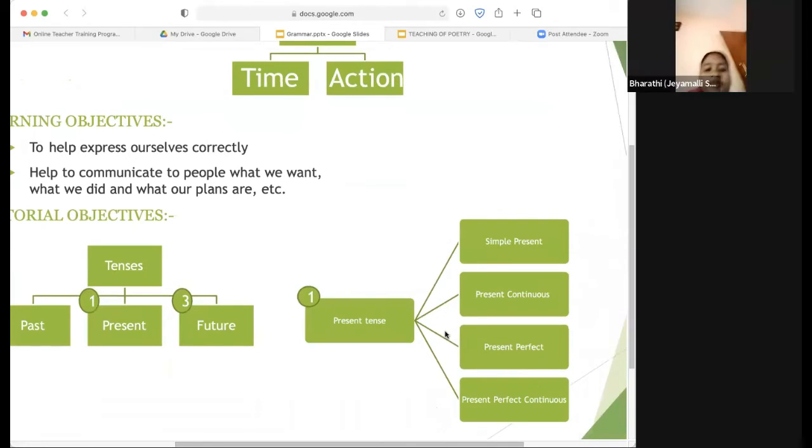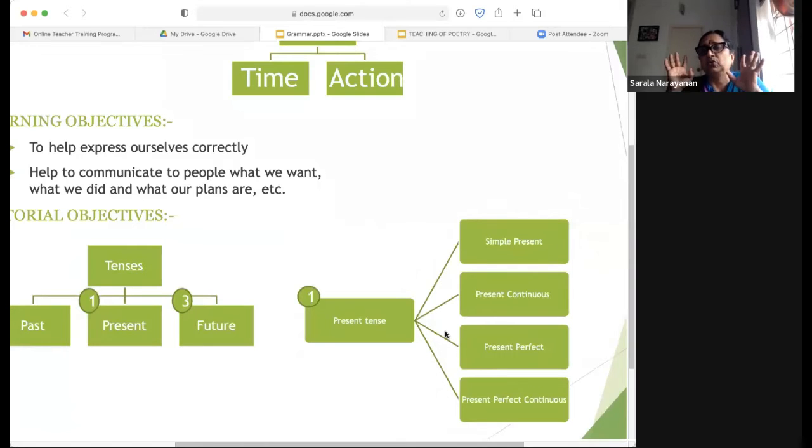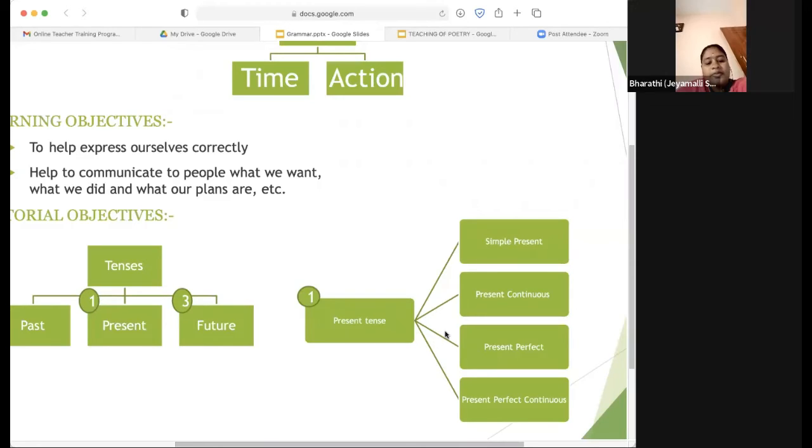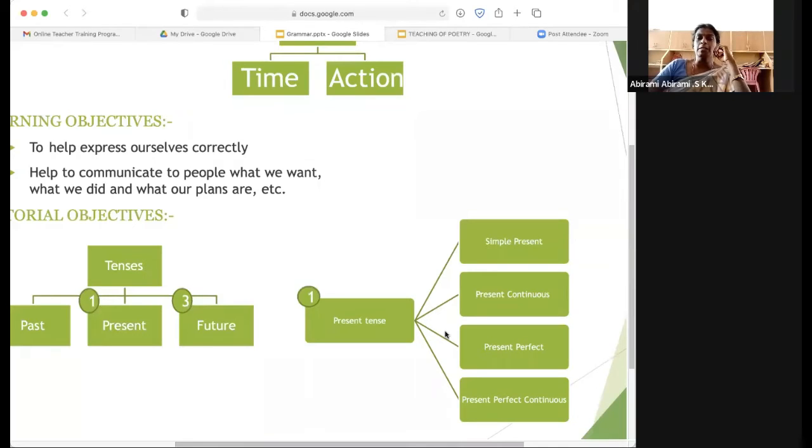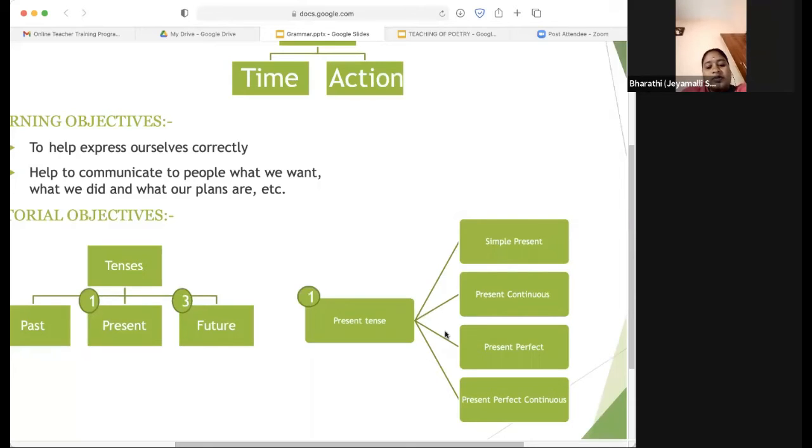Is it clear? When I take present tense, there are 4 subdivisions: simple present, present continuous, present perfect, present perfect continuous. That is applicable for all 3. Past tense is also the same: simple past, past continuous, past perfect, past perfect continuous. Future also.